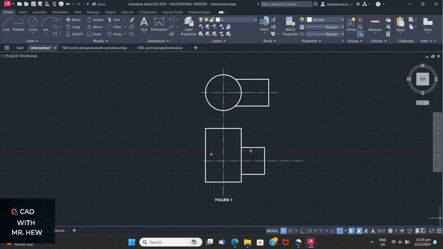So there we have the construction lines coming down from the plan, which is above.